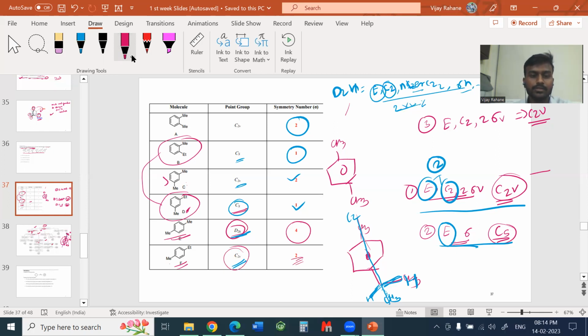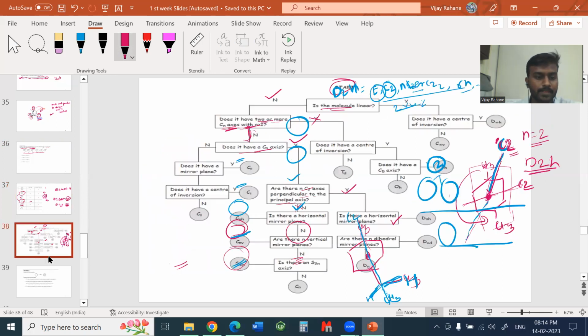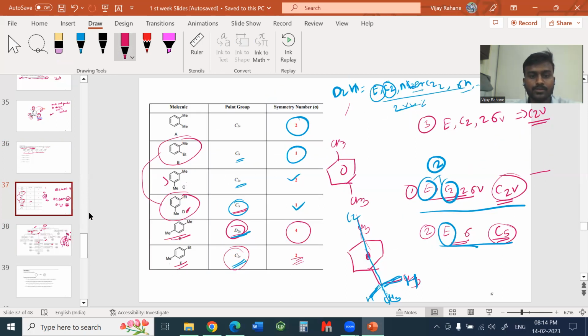So which is the correct order? Here is the one, so A, B, C, D, right? So highest is E. E is having the highest. Then A, C, E having equal, right?